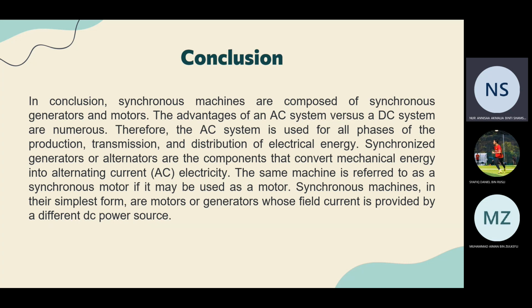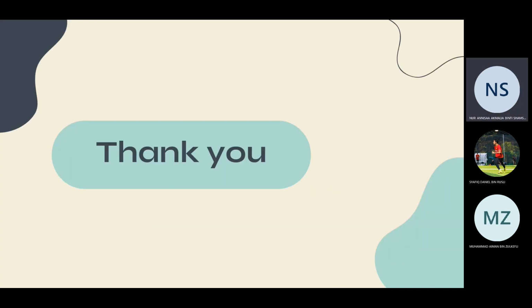Synchronous generators or alternators are the components that convert mechanical energy into alternating current electricity. The same machine is referred to as a synchronous motor if it is used as a motor. Synchronous machines in their simplest form are motors or generators whose field current is provided by a separate DC power source. That's all from us.